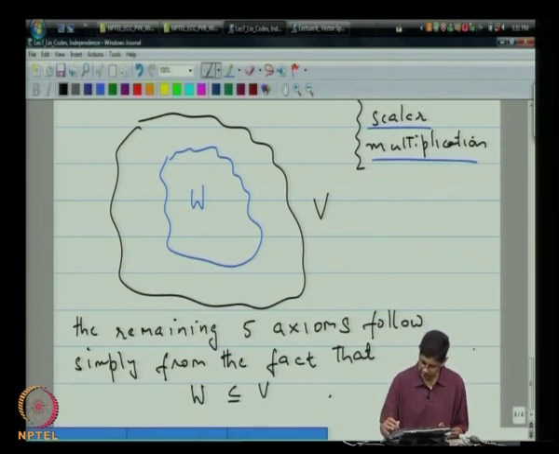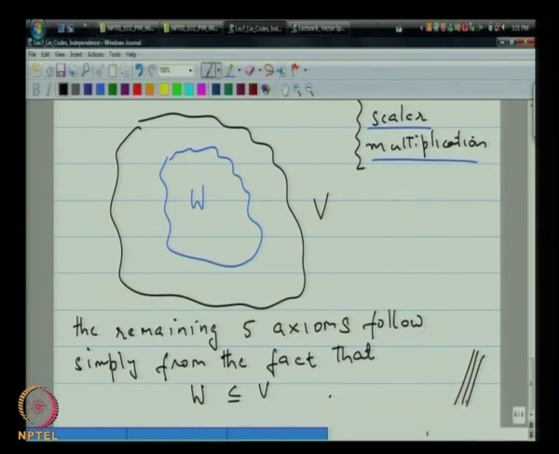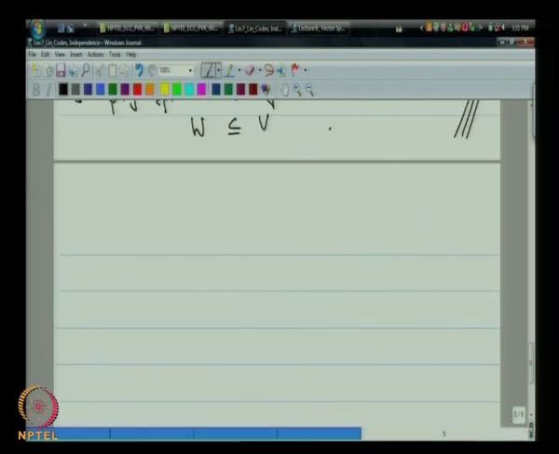So, that proves that this single test is all that you need in order to ensure that you have a subspace. All right. Let us apply that in an example.